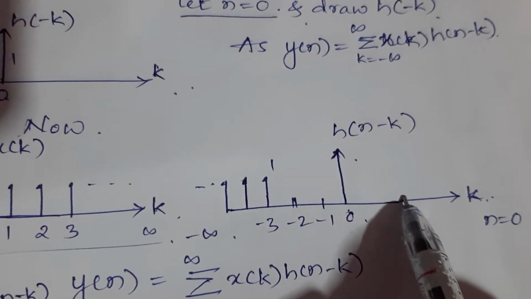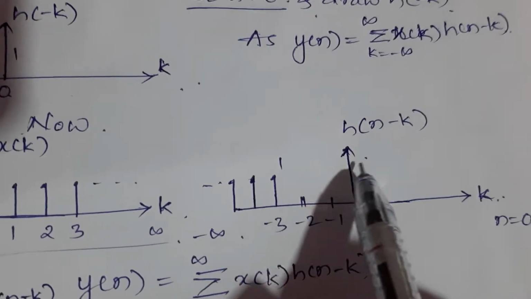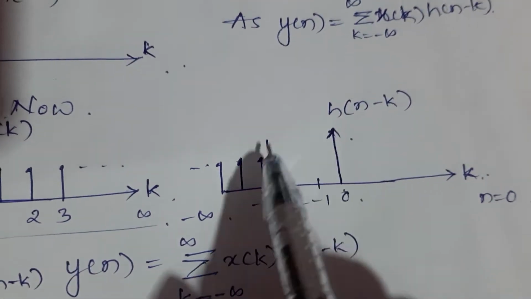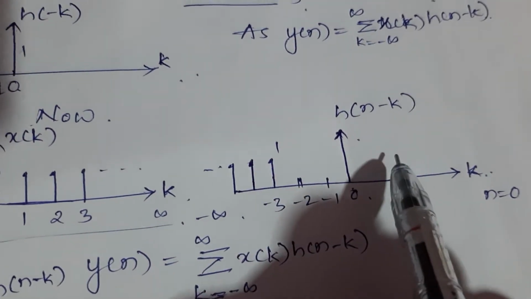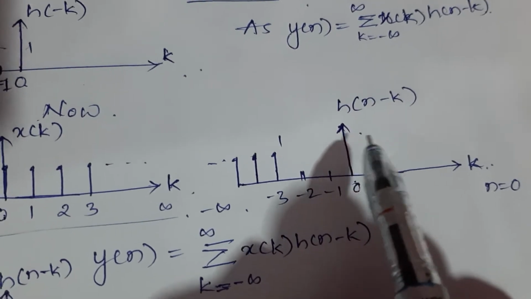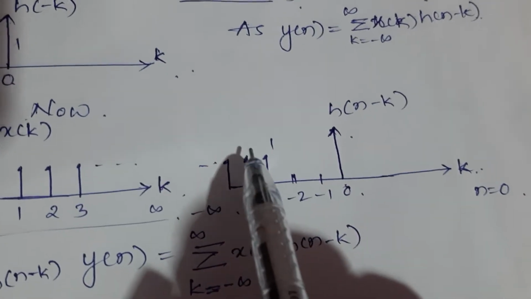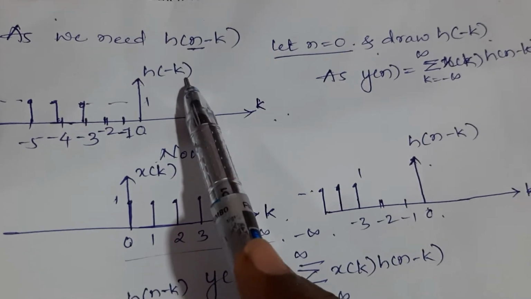When n is negative, the signal will be moving towards left. So n is a moving variable. By choosing the particular value of n, we can move this h of n minus k either left or right. If n is positive, towards right. If n is negative, the signal moves towards left. Now, here the value of n is 0.